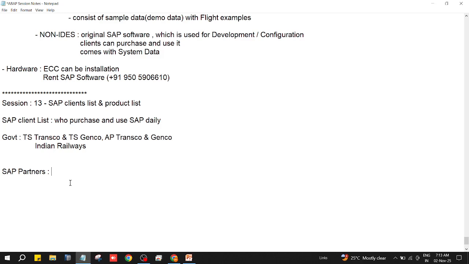Now, from SAP's point of view, why SAP entertains partnership, I will tell you the reasons. Suppose you look at the left side, SAP SE, this is the company name. SAP AG, SAP SE. On the right side are clients. We can call them clients or customers, or our core industries also.